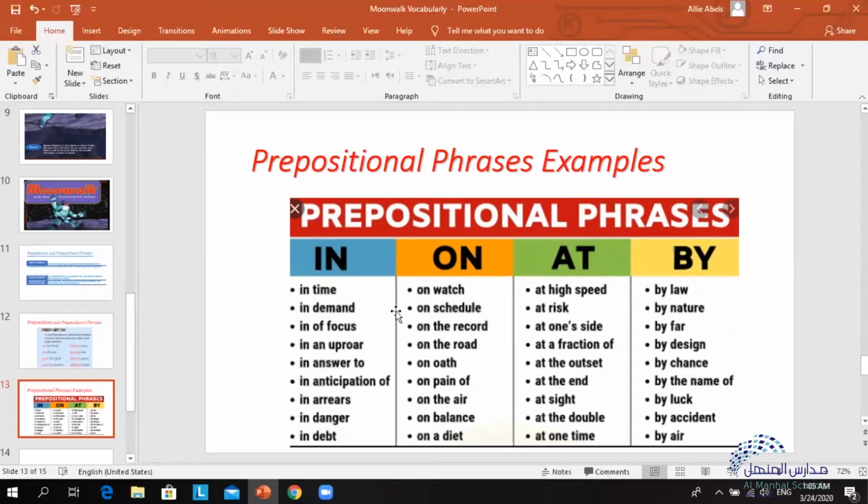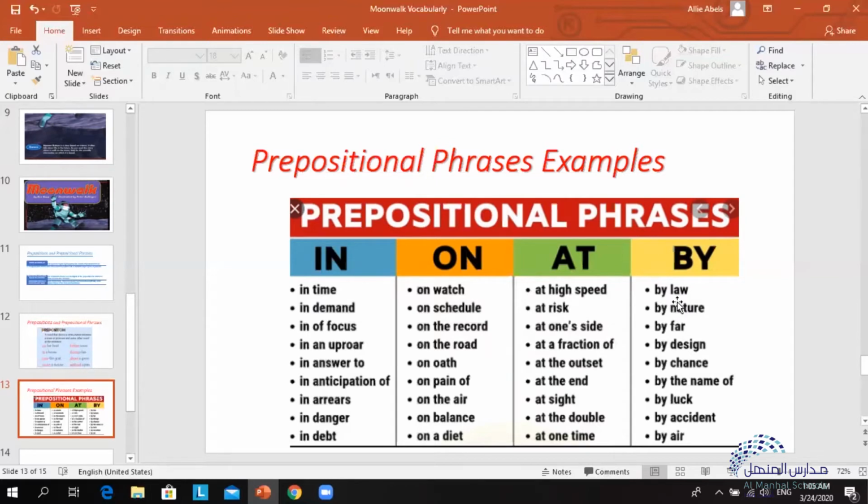Okay, if we look at on watch, this prepositional phrase includes the preposition, which is on, and the object of the preposition, which is watch. If we look at this prepositional phrase over here, okay, we have a preposition which is at, and the object of the preposition in this prepositional phrase is high speed.